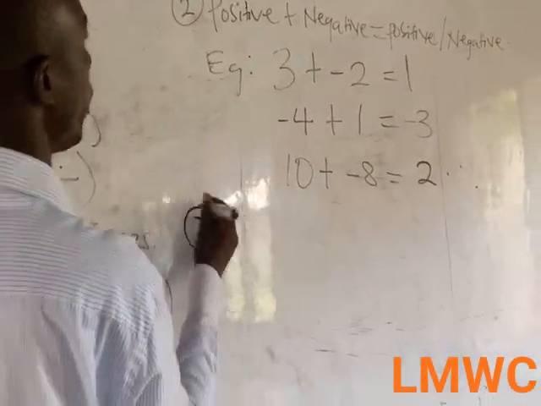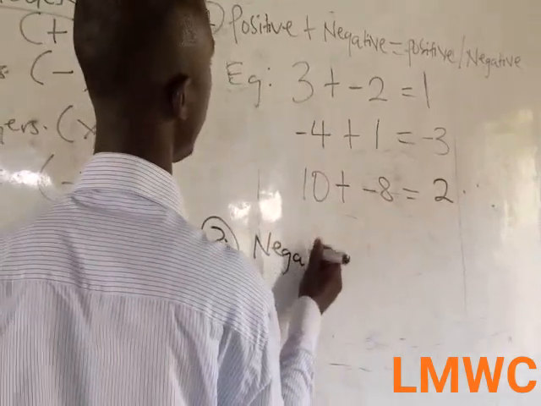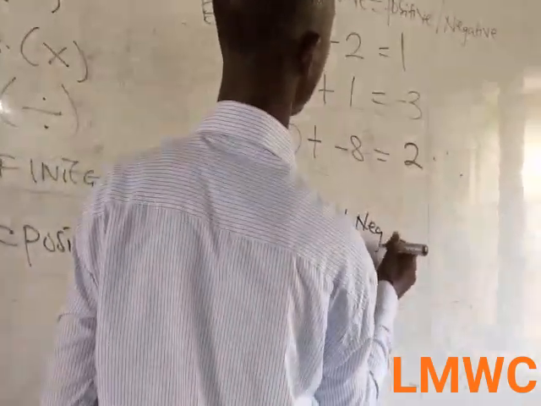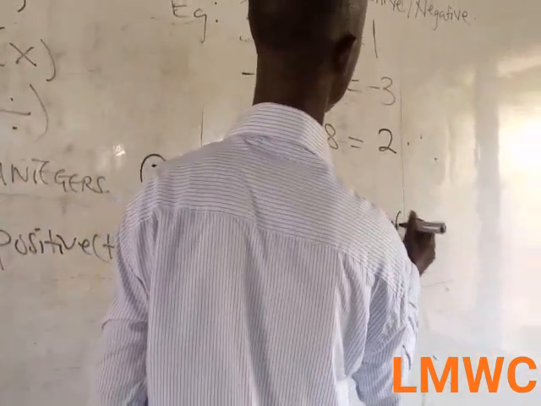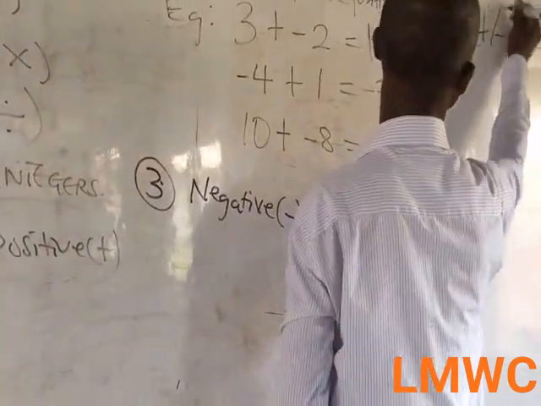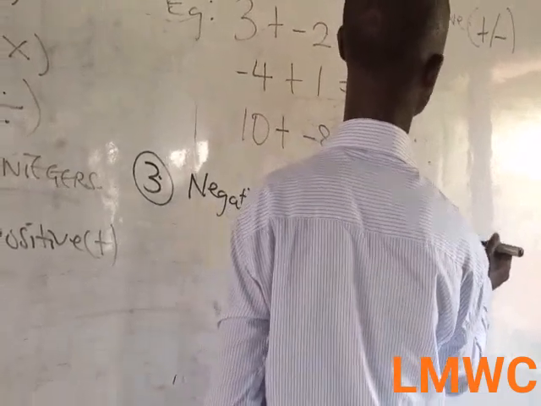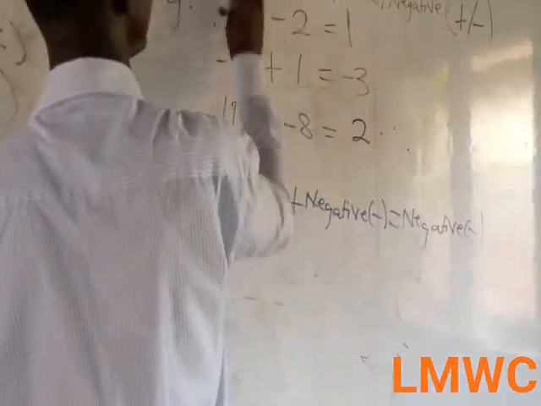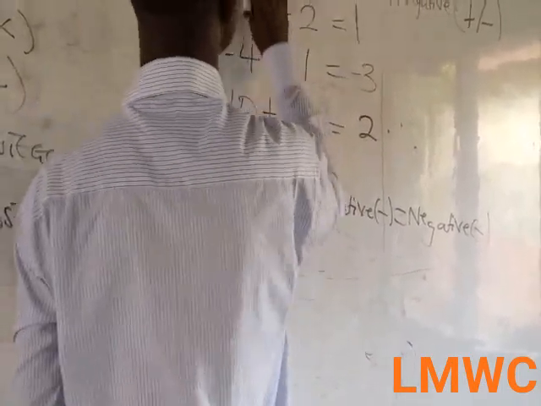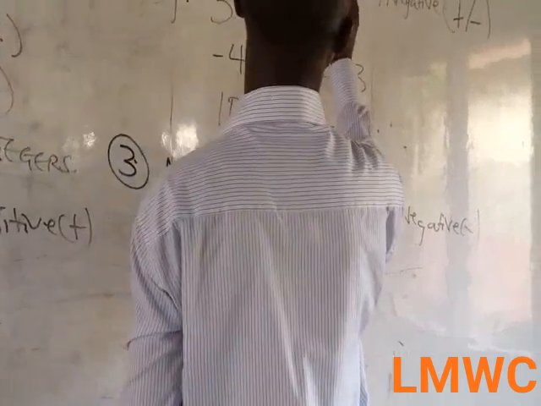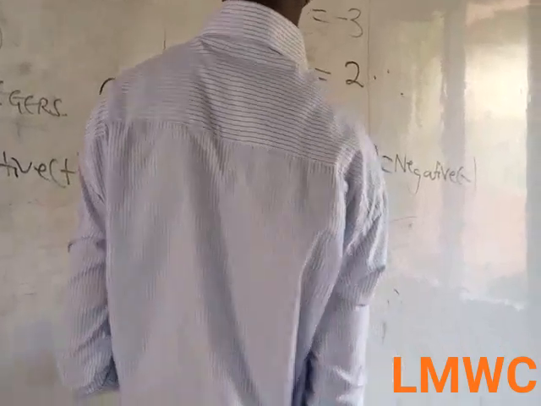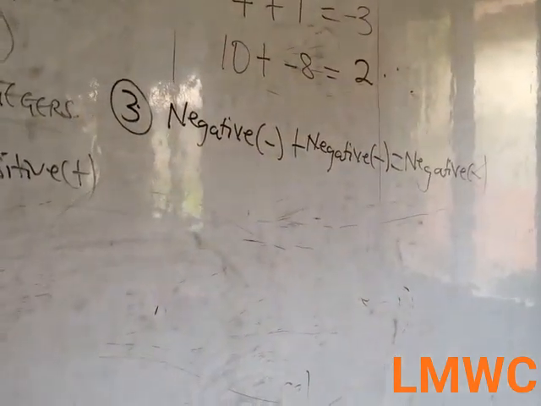The third one, negative plus negative is equal to negative.